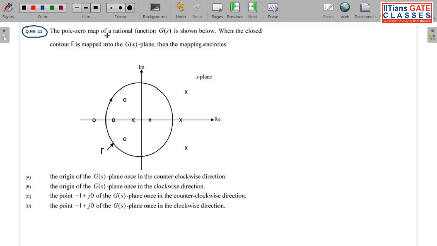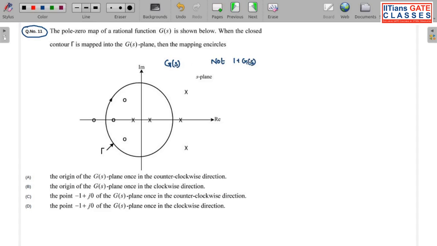The pole zero map of a rational function G(s) is shown below. When the closed contour tau is mapped into the G(s) plane, then the mapping encircles. Okay, so this is the G(s) plane. Remember, this is the G(s) plane, not the 1 plus G(s) plane.